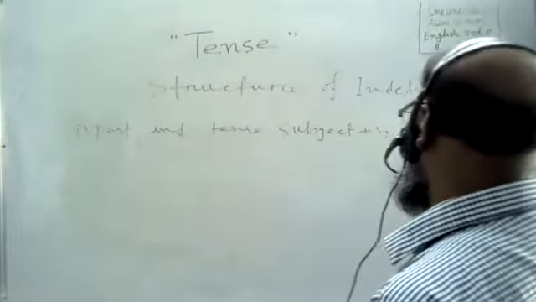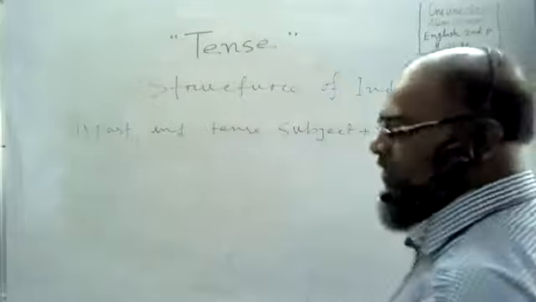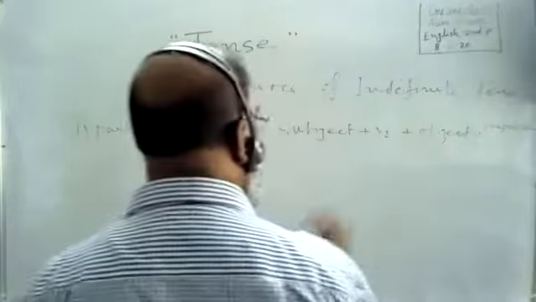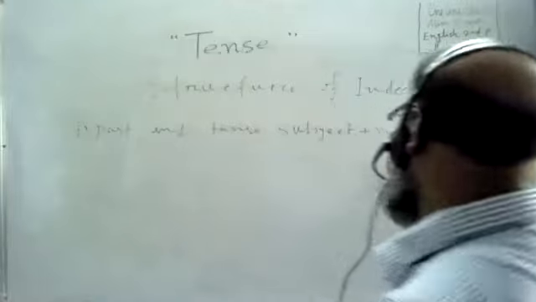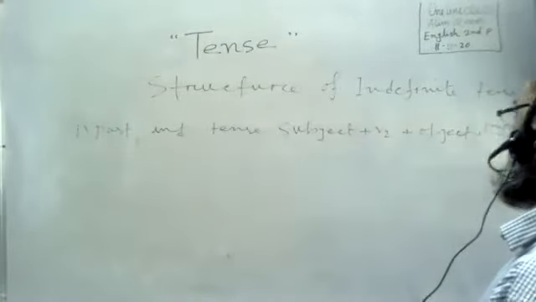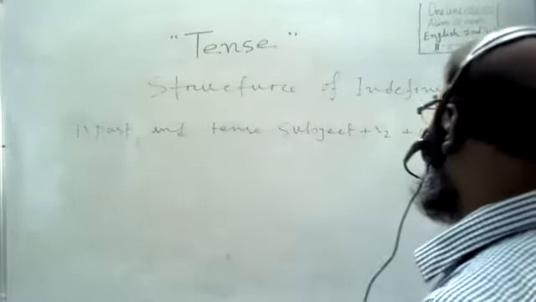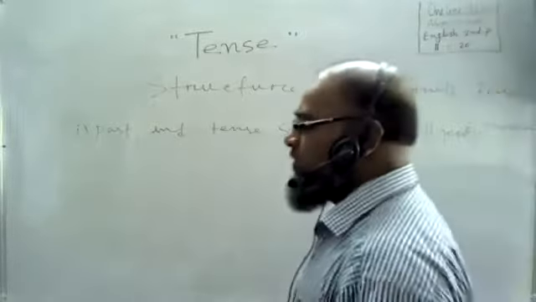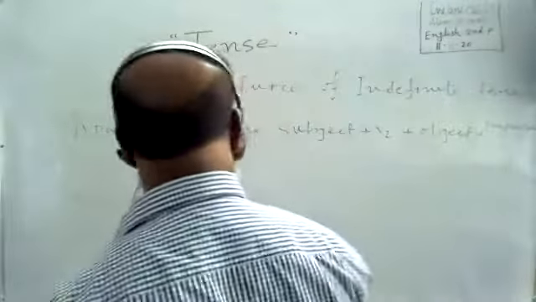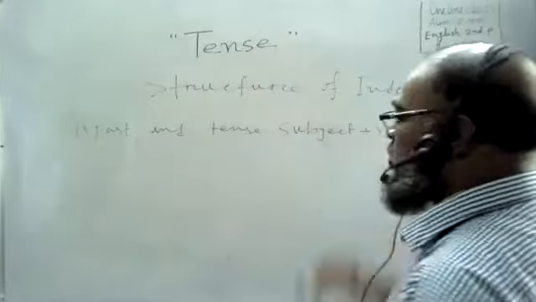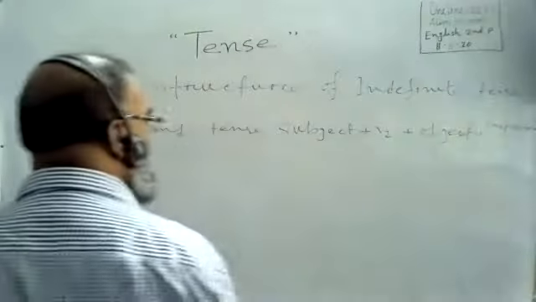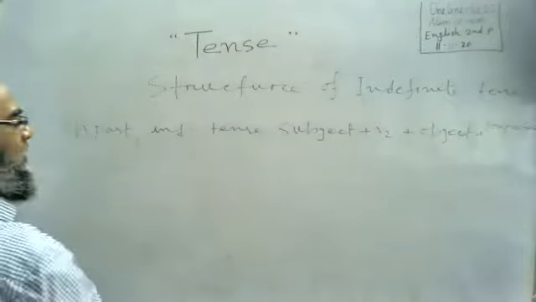Then the structure completed: subject plus V2 plus object plus extension, and V2 means past form. As we are doing past indefinite tense, you have to use past form. Now I am giving an example, Bengali.